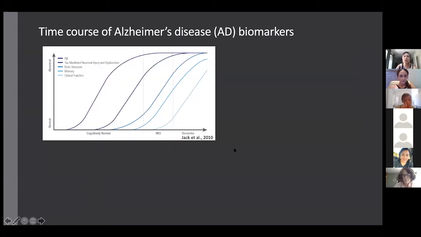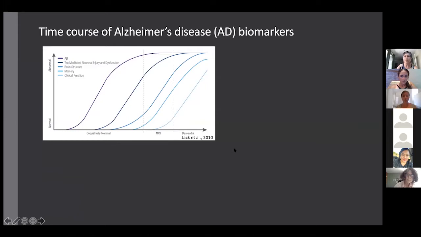Okay, so I'd like to start with just a little bit of background. Now, some of you may be familiar with this model of Alzheimer's disease, presenting the time course of various Alzheimer's disease biomarkers. This model posits that particular brain changes occur along a characteristic time course of disease progression.